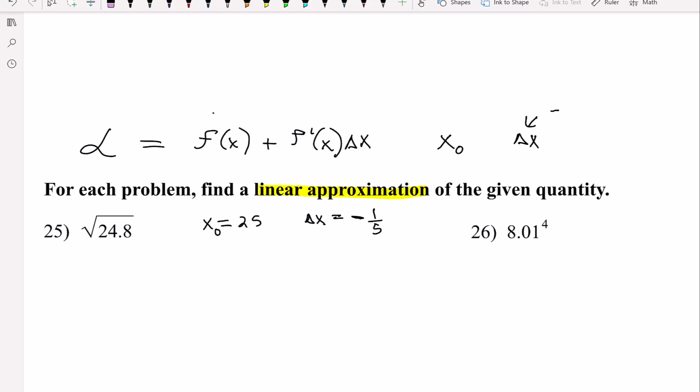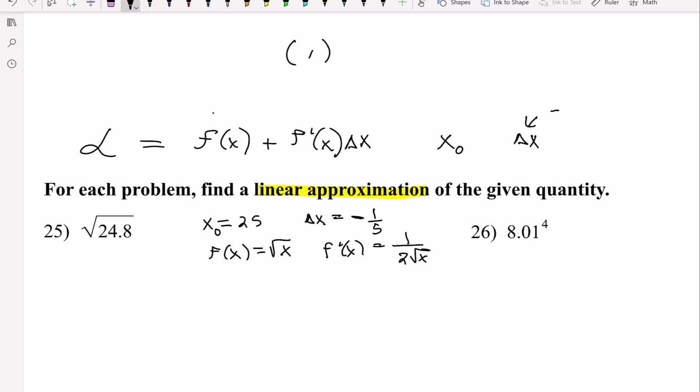We know f of x is just the square root function. And so f prime of x is 1 over 2 times the square root of x. And you could do that manually.